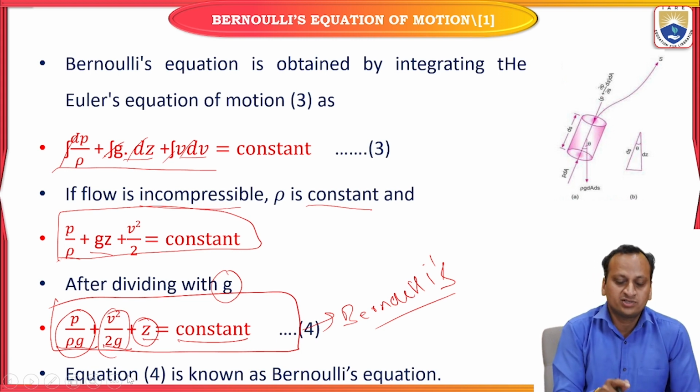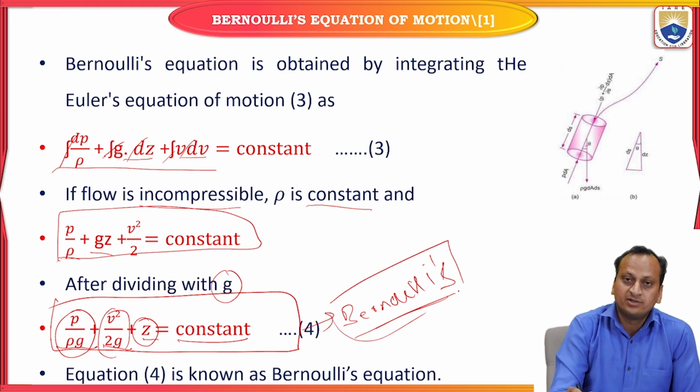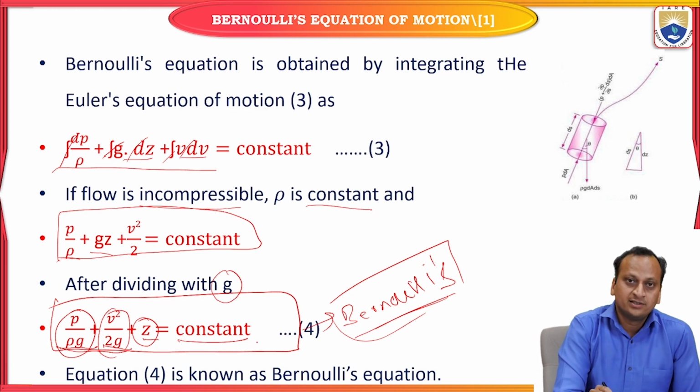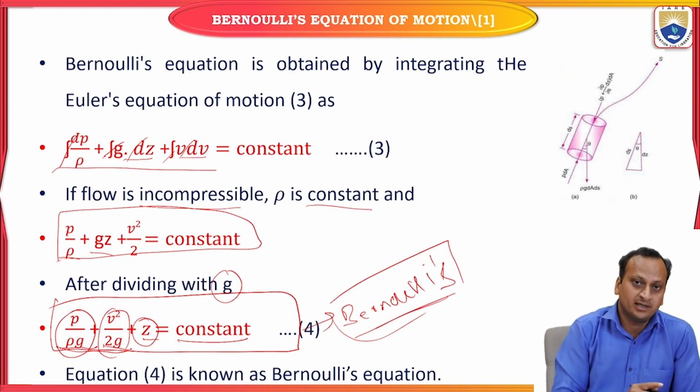But if the assumptions are followed, the total energy remains constant, as given by Bernoulli's statement. So p by rho g plus v square by 2g plus z is nothing but the total energy per unit weight, which is equal to constant at any point of a flowing fluid, if you take into account those four given assumptions.